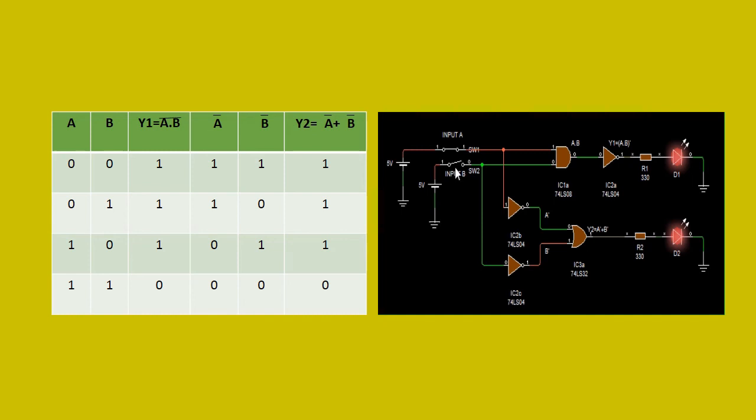Now the last condition, that means when A1 B1. A1 B1 means these two lines are at logic high state, that means A is also 1, B is also 1. So from this output we get 1 here. 1 is connected with this NOT gate, so here we get 0. So D1 is in off condition. One input is coming from this A input.